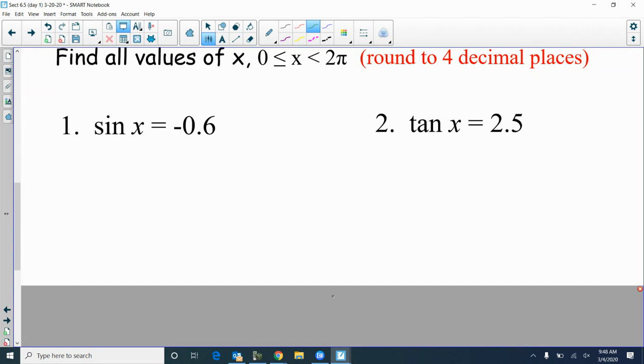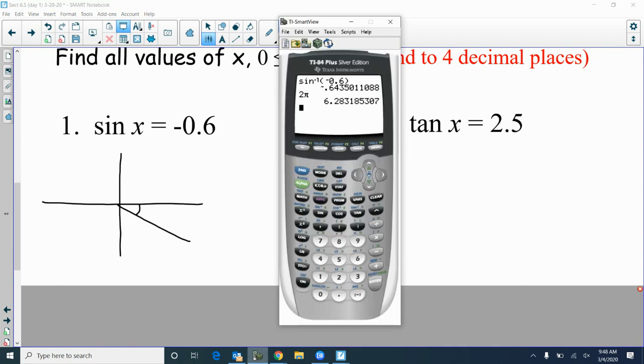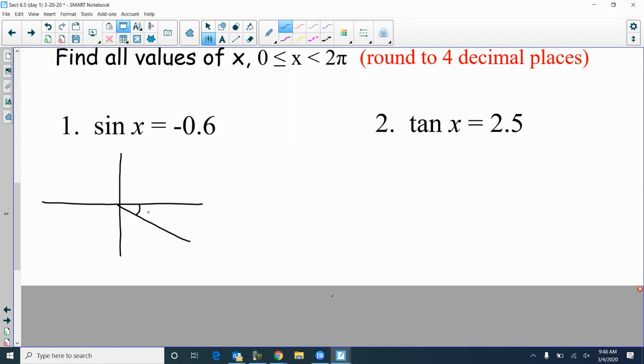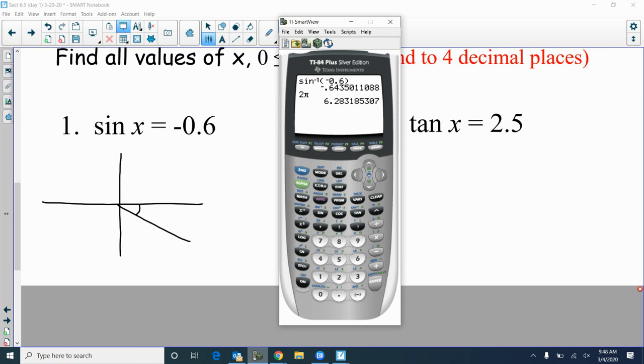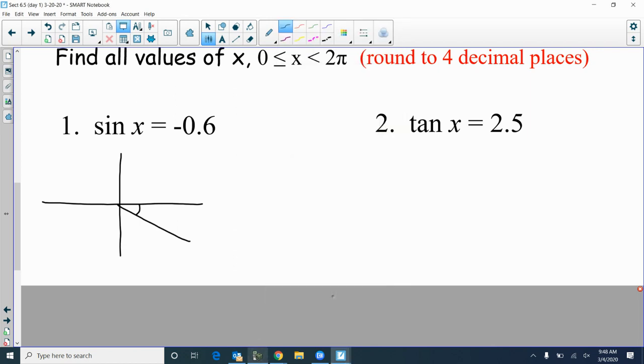What quadrant is that in? Sine is positive in quadrant 1 and 2. Inverse sine, remember, we defined between negative 90 and 90, or negative pi over 2 and pi over 2. So that negative answer is right here, negative 0.6435.